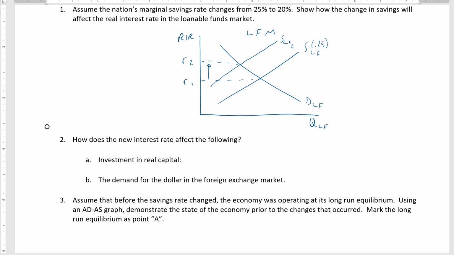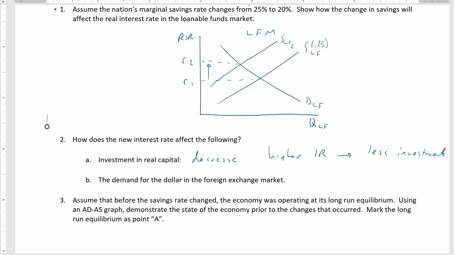So either way, the interest rate affects the profitability of that capital. So when the interest rate rises, there's going to be less profitability in capital, and so investment in real capital will decrease. So remember, higher interest rates always lead to less investment.